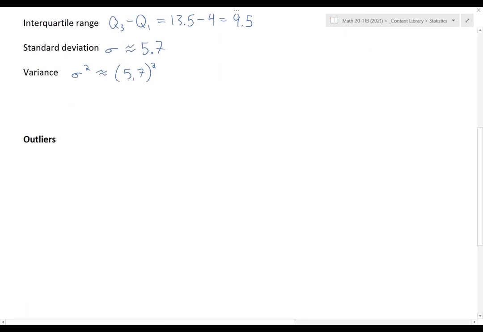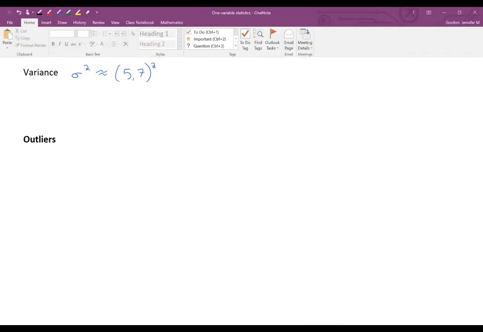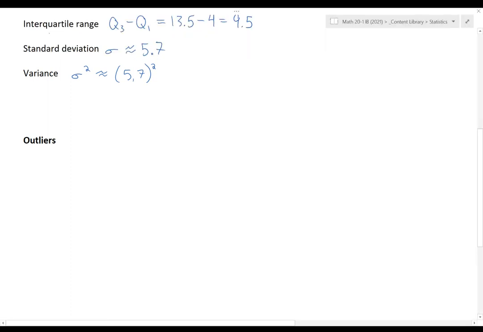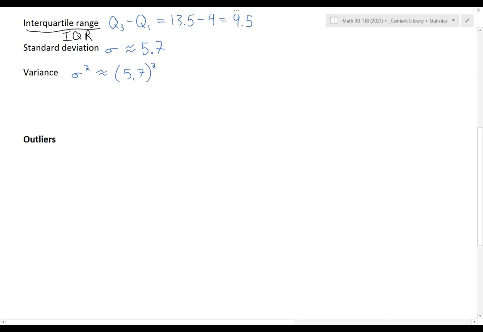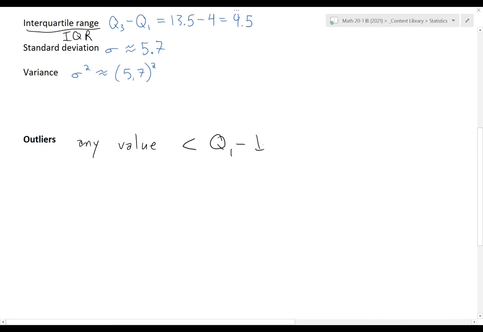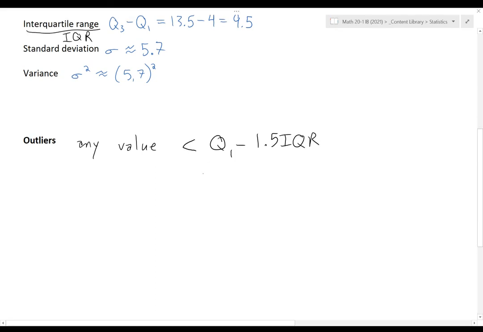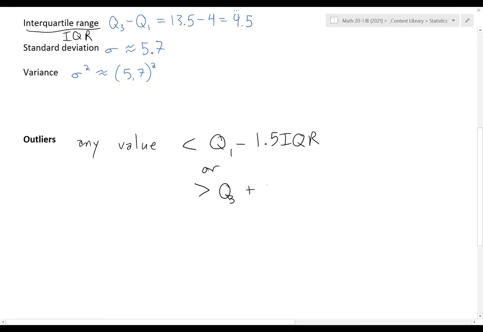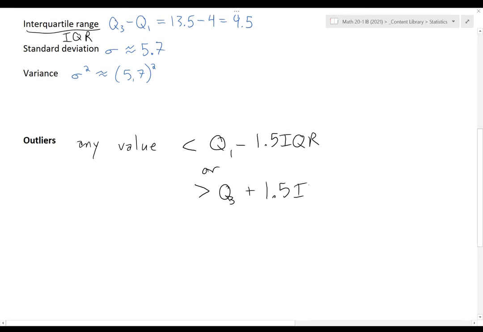All right, so there's a couple different ways to think about outliers, but we're going to use the outlier definition that uses what's called the interquartile range, which I'm going to call IQR for shorthand. So the outliers are any value less than Q1 minus 1.5 times the interquartile range, or bigger than Q3 plus 1.5 times the interquartile range.